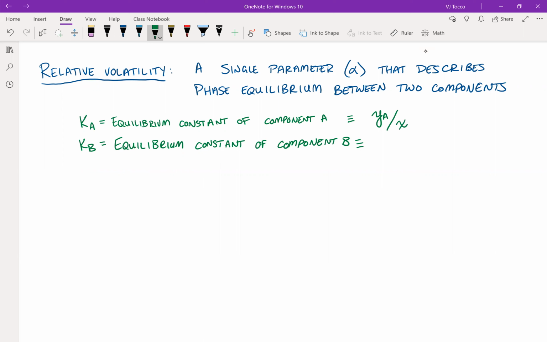And the way equilibrium constants are defined is going to be the vapor phase composition Ya divided by the liquid phase composition Xa. Same thing for Kb, but it's the vapor phase composition of B, which is 1 minus Ya, over 1 minus Xa.